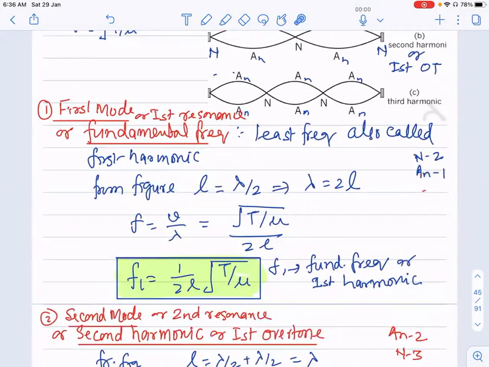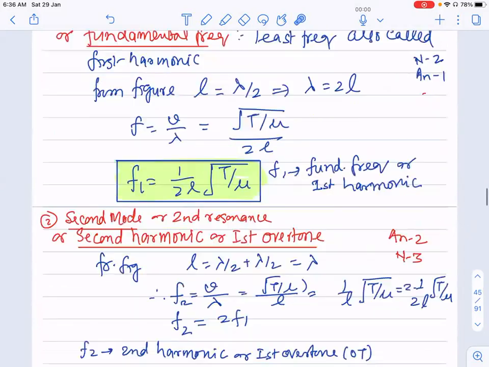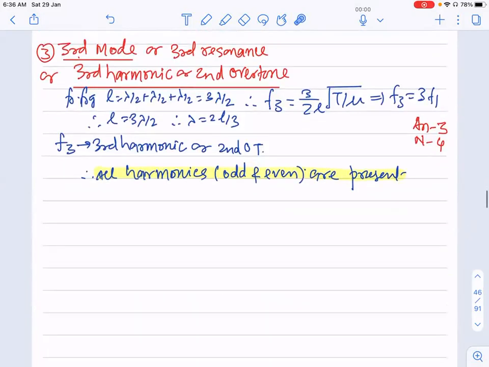And what happens in the third? There are 3 loops. In the third harmonic, whole length is equal to lambda by 2 plus lambda by 2 plus lambda by 2, that is 3 lambda by 2. So F3 will be: L is 3 lambda by 2, therefore lambda is equal to 2L by 3.